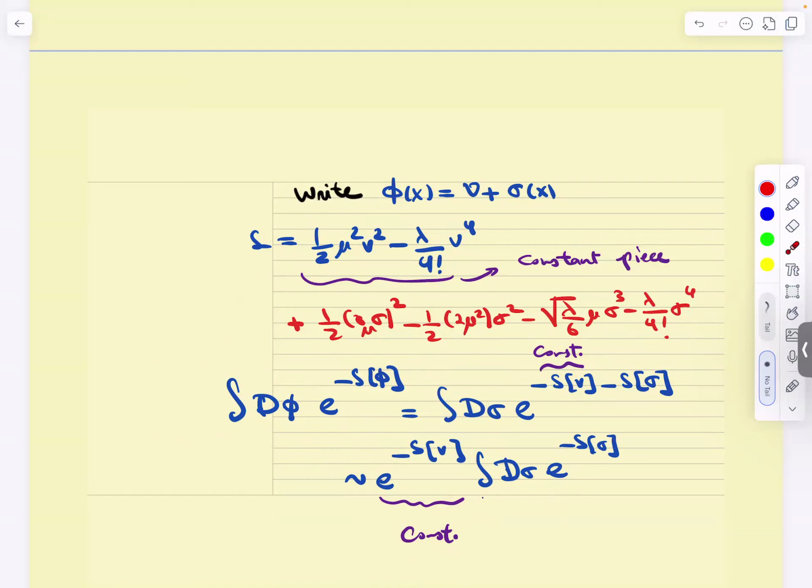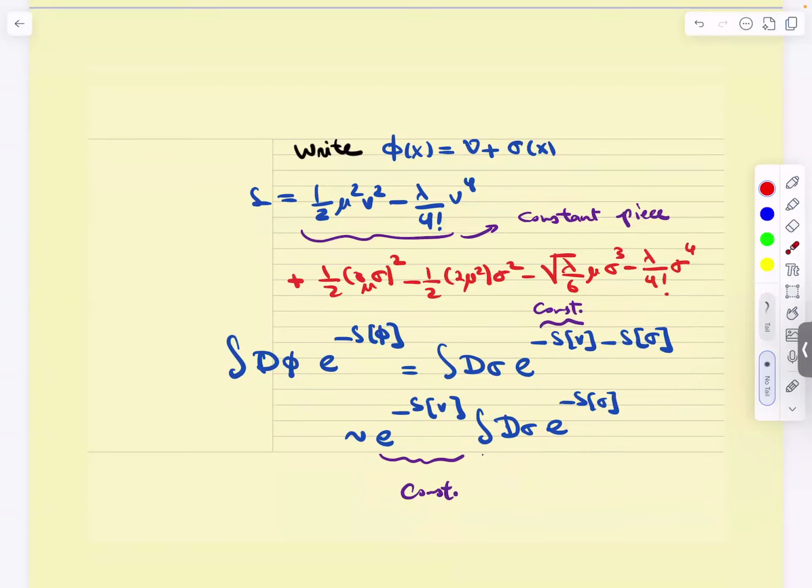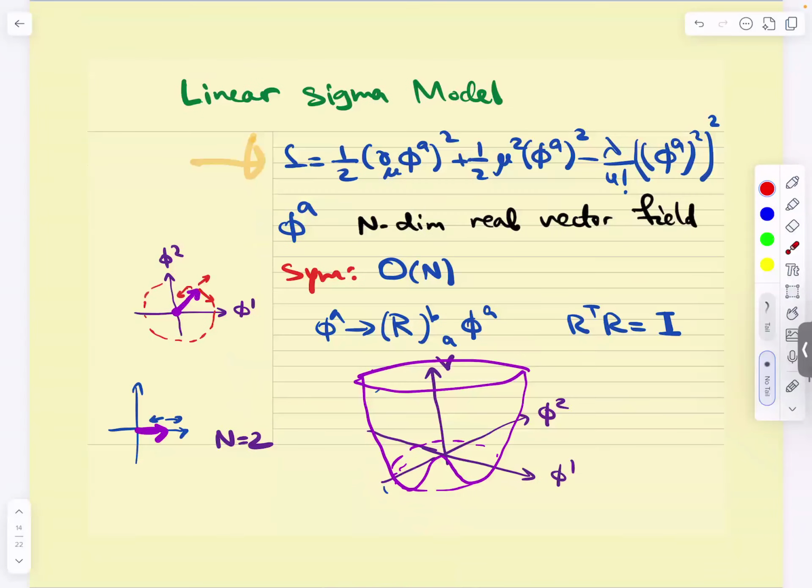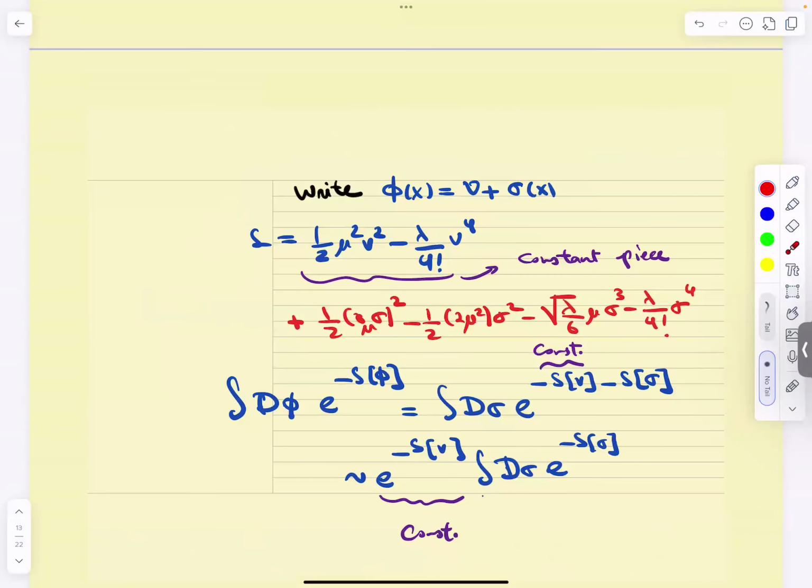It's the log of this partition function. So this is a shift in W. What does that mean? Well, okay, I said what I said. Good. All right. Is this all good?